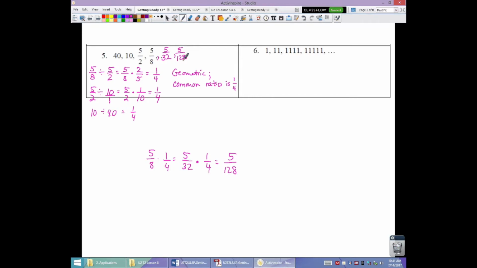Okay, and number 6, it's increasing, but from 1 to 11 goes up 10. From 11 to 1,111 goes up 1,100. So definitely not arithmetic.